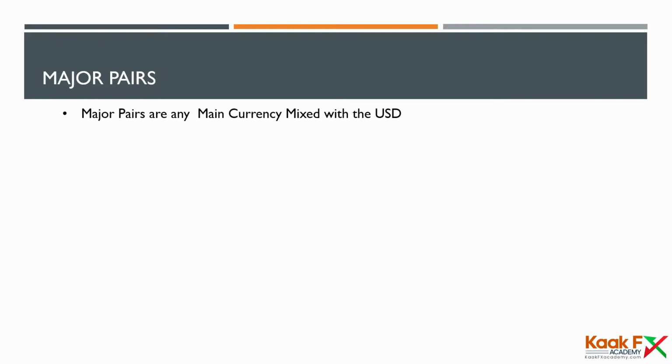We're going to take a look at major pairs here. Don't confuse them with the main currencies we looked at earlier. What are major pairs? Major pairs are any main currency mixed with the US dollar. So the main currencies are the 8 currencies we looked at before, and them mixed with the US dollar make up the major pairs.